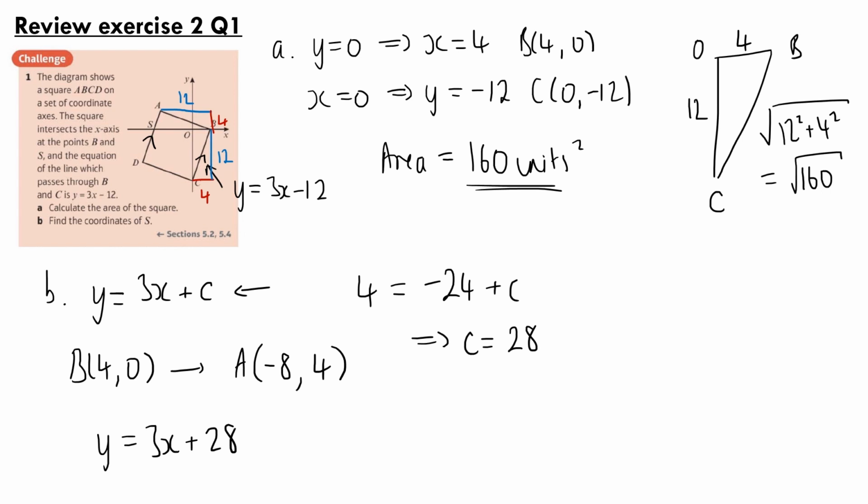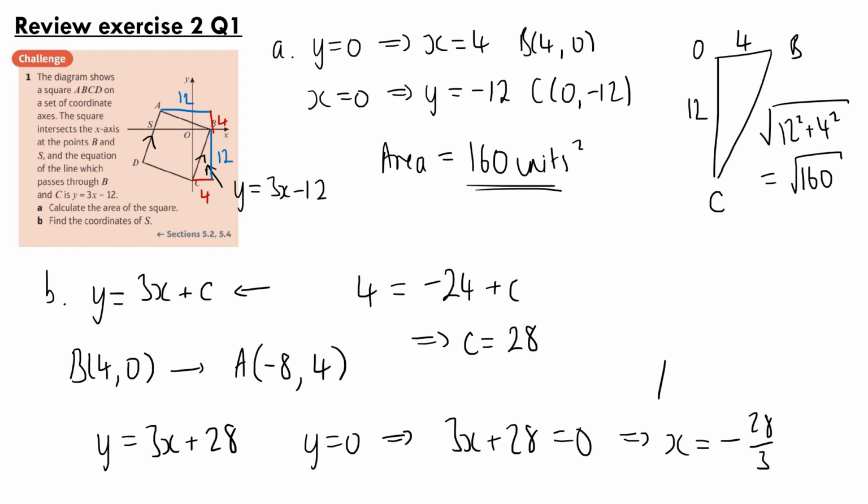And now the coordinates of S is where this line intersects the x-axis. So this will be where y equals 0. So when y equals 0, we have 3x plus 28 is equal to 0. So x is equal to minus 28 over 3. And so the coordinates of S are (minus 28 over 3, 0).